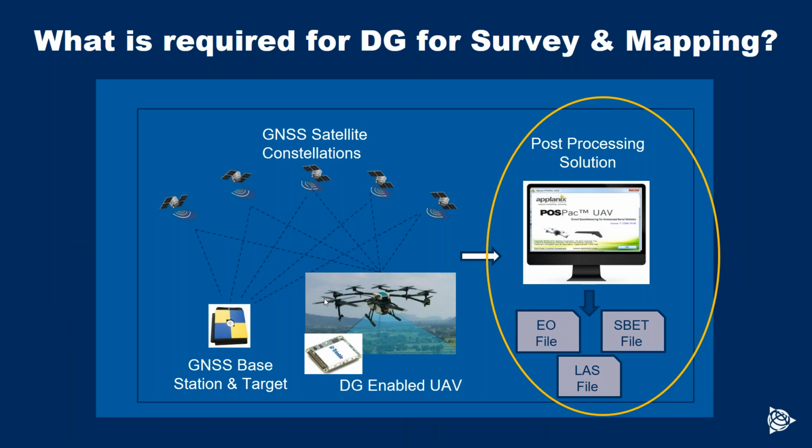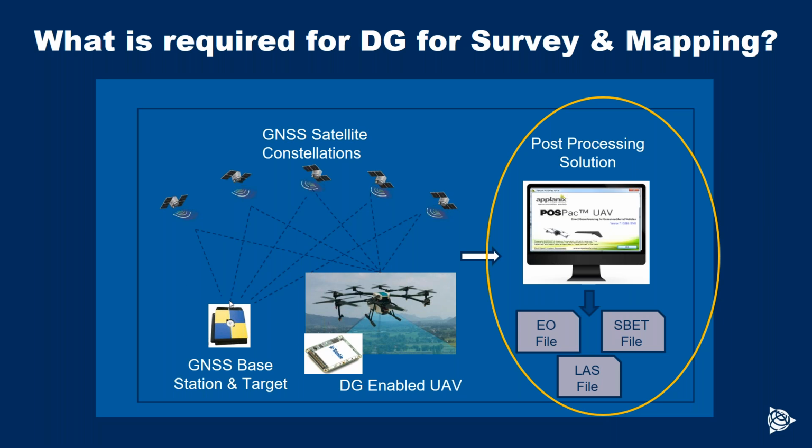Where does POSPac fit into our surveying and mapping solution? As I mentioned, it is the post-processing back office engine for taking the GNSS data that is captured from either a physical base station, such as our smart target that you see on the screen here in the lower left, or through another correction solution such as Smart Base or the Trimble PPRTX solution.